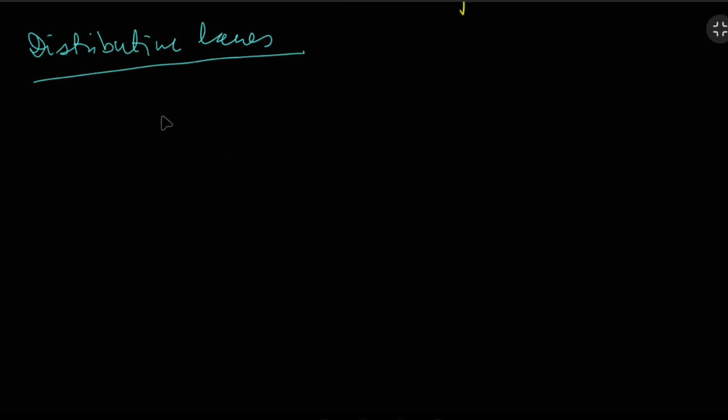So all the laws we have seen, the one that is remaining is the distributive law. This is the last one. What is it? Now this is again very simple. A dot (B plus C), what will that be? That is same as AB plus AC.